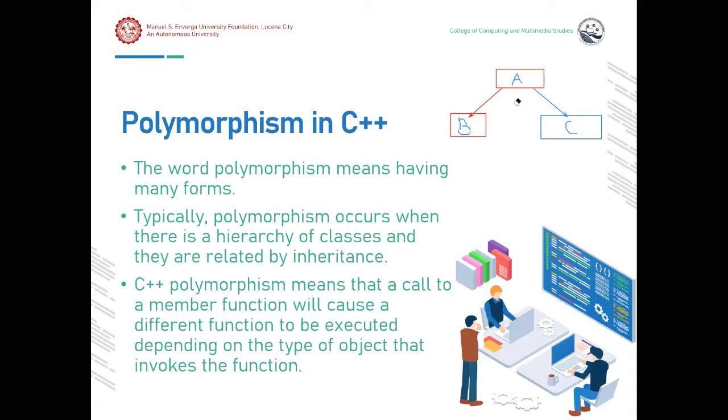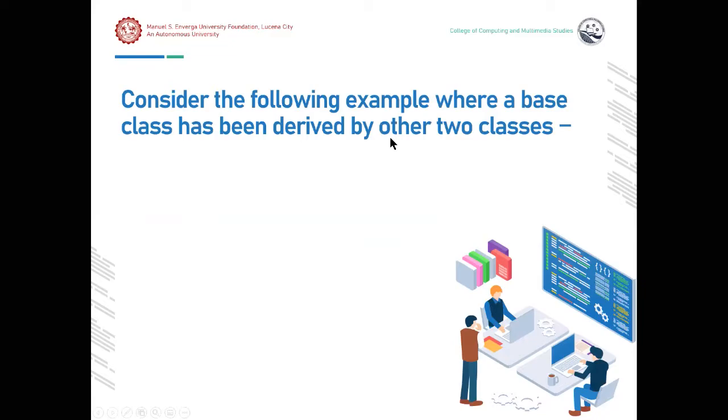So ibig sabihin na kung ang class natin na A is an animal class, an animal can be any animals. Just like, for example, it can be a dog or it can be a cat. Ang ibig sabihin niyan, kung ano yung mga data members na magkakatulad from class B and class C, okay, ay pwede niyong pagsamahin. Okay, so let's see this example.